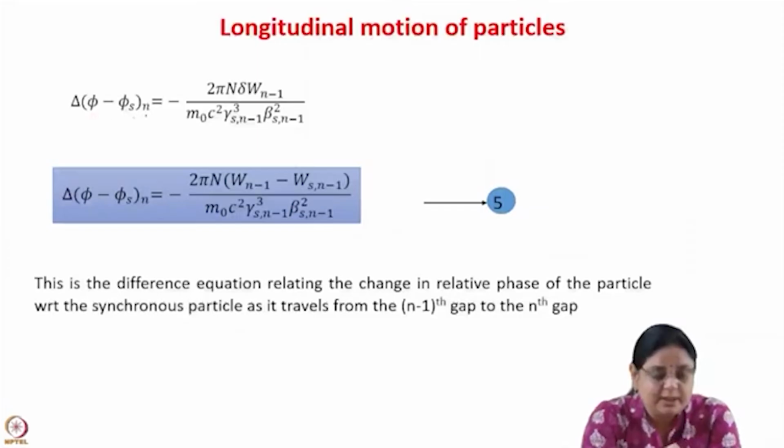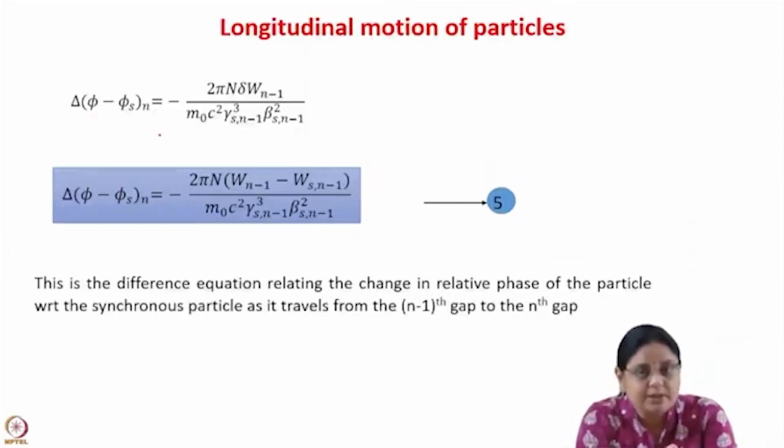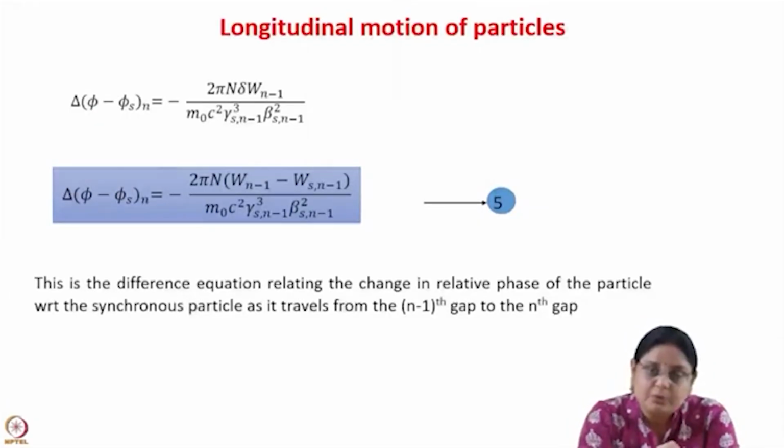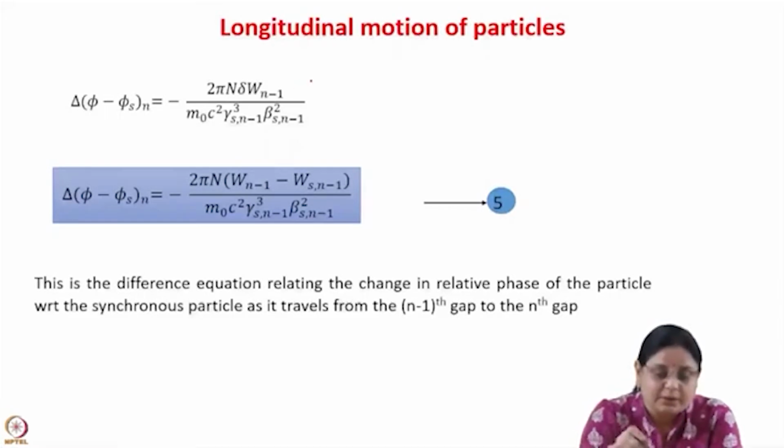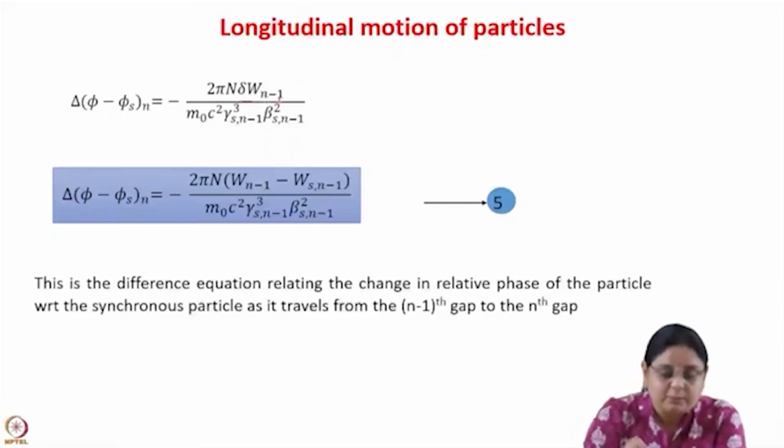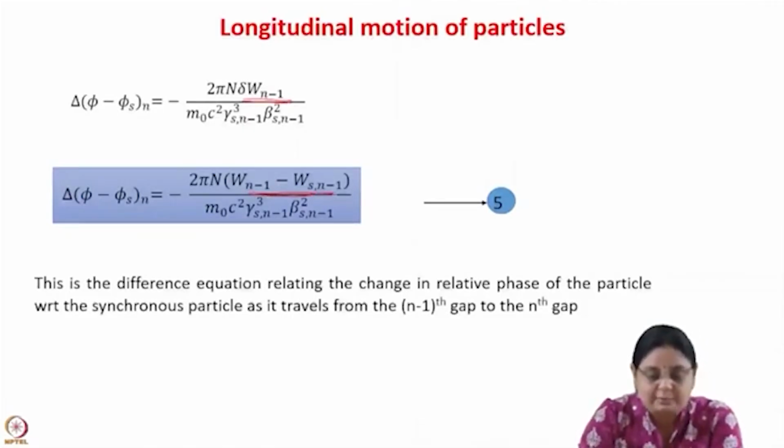So this is the expression for change in the phase of an arbitrary particle as it moves from the n minus 1th gap to the nth gap with respect to the synchronous particle. Here delta W n minus 1 is the change in energy of the particle with respect to the energy of the synchronous particle, which can be written as Wn minus 1 minus Ws n minus 1.